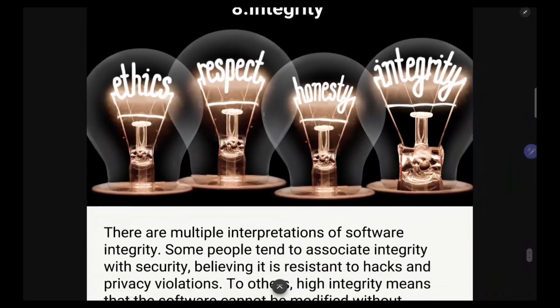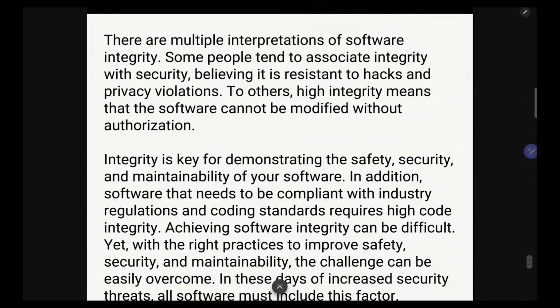8. Integrity. There are multiple interpretations of software integrity. Some people tend to associate integrity with privacy violation by others. High integrity means that the software cannot be modified without authorization. Integrity is key for demonstrating the safety, security, and maintainability of our software.